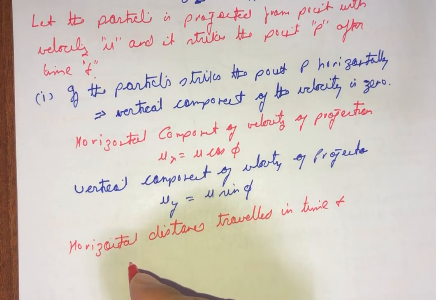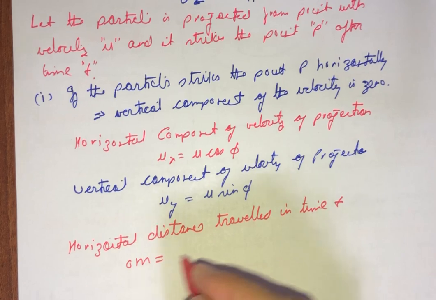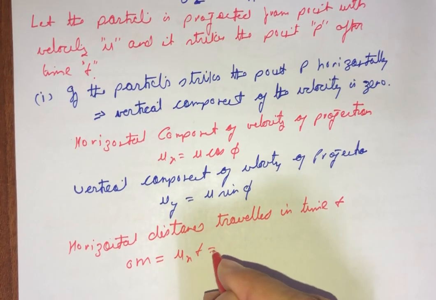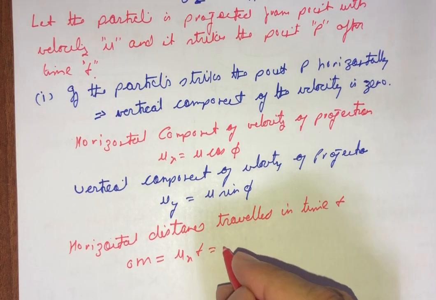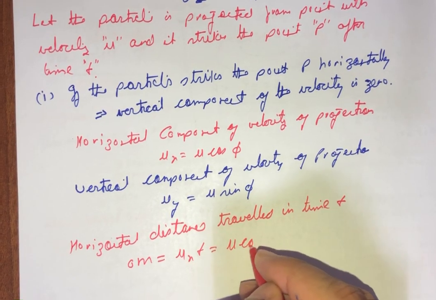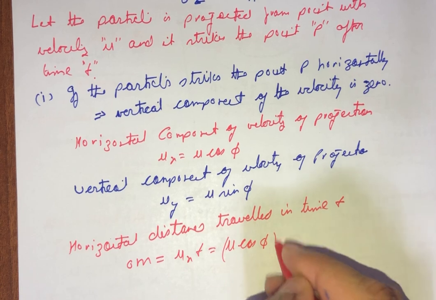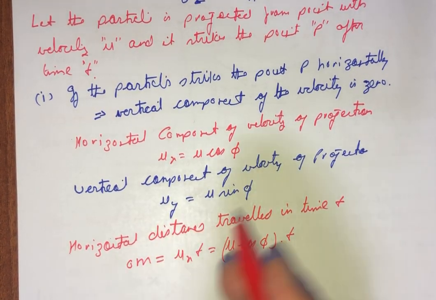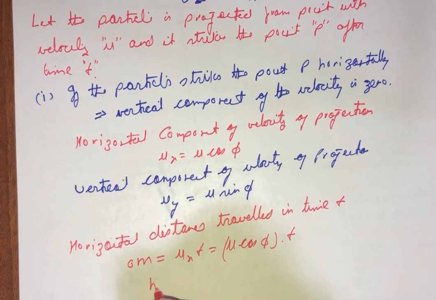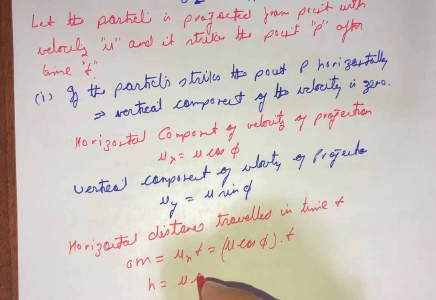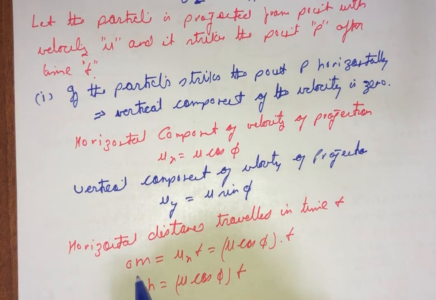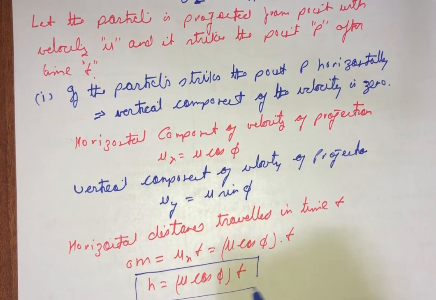So we can write OM is equal to ux multiplied by t. We already know ux is u cos of phi, multiplied by t, and OM is equal to h. So we can write h is equal to u cos of phi t. Let us call this equation number 1.